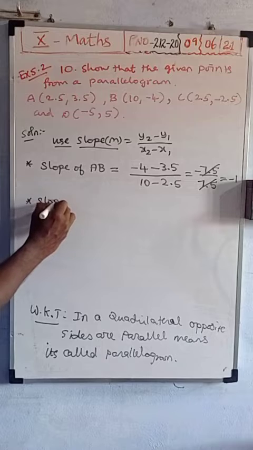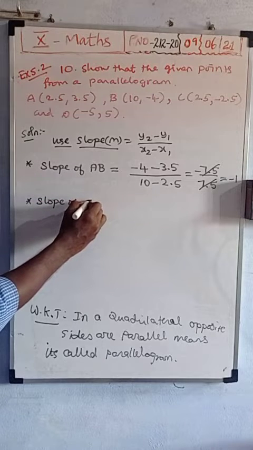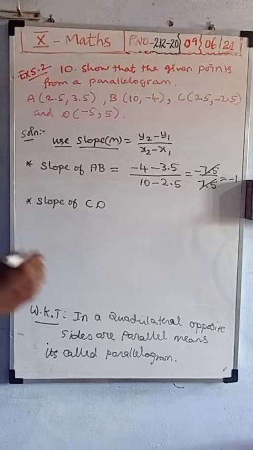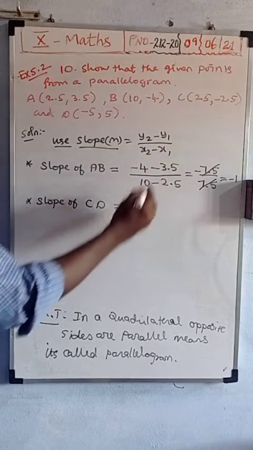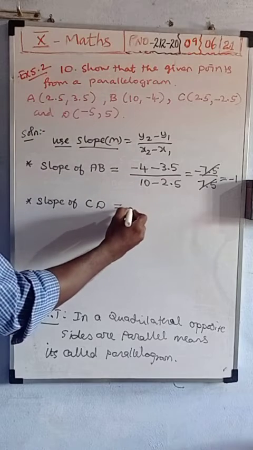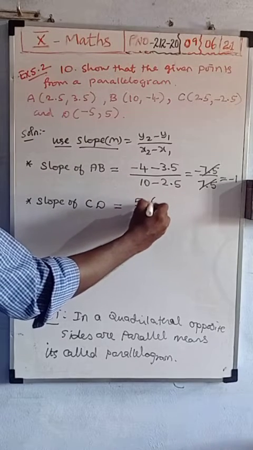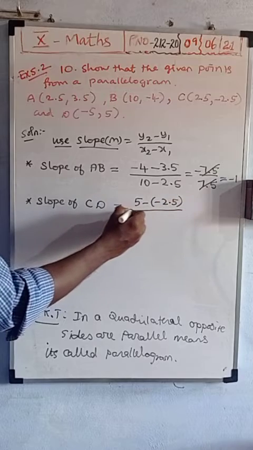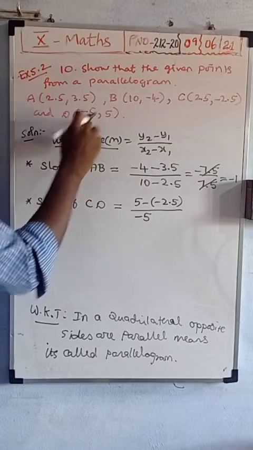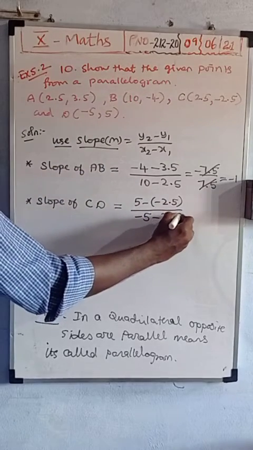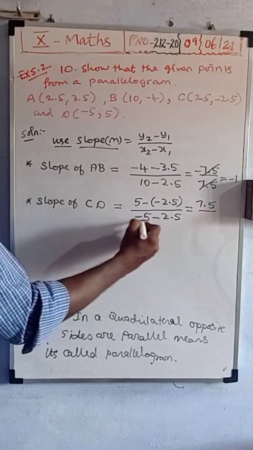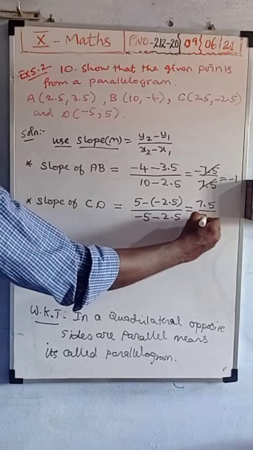Next we want to find the slope of CD, the opposite side of AB. C point is (x1, y1), D point is (x2, y2). That means y2 minus y1: 5 minus of minus 2.5, so minus and minus make plus, giving 7.5, divided by x2 minus x1: minus 5 minus 2.5, which is minus 7.5.